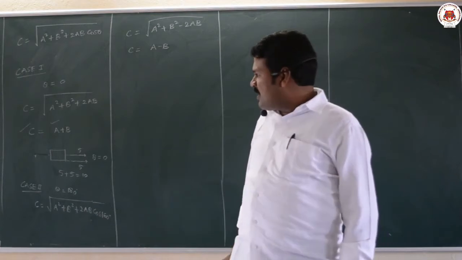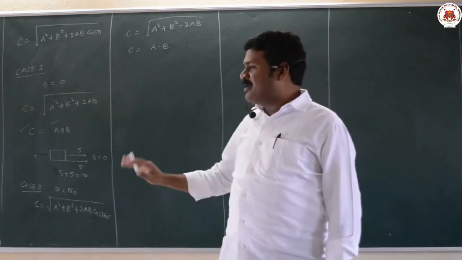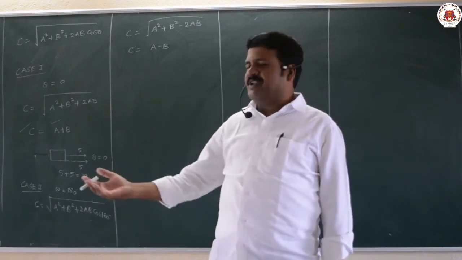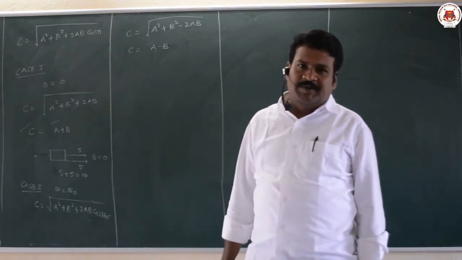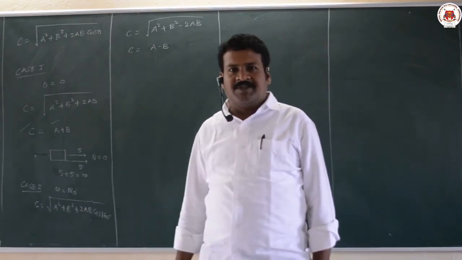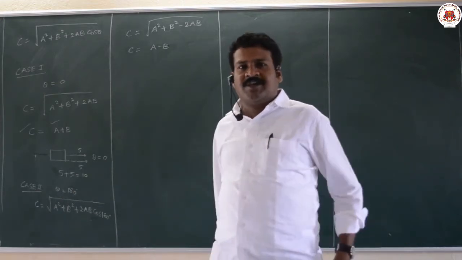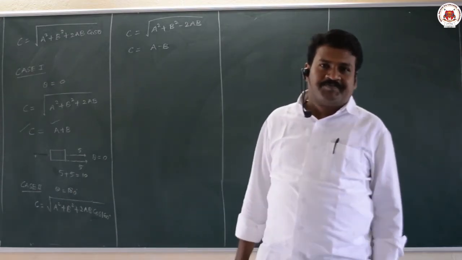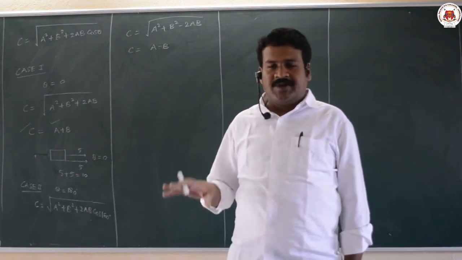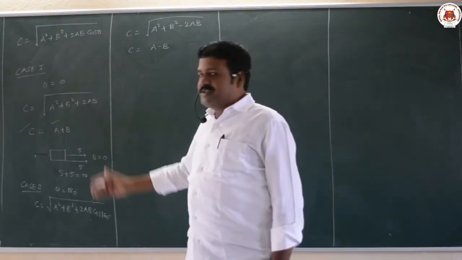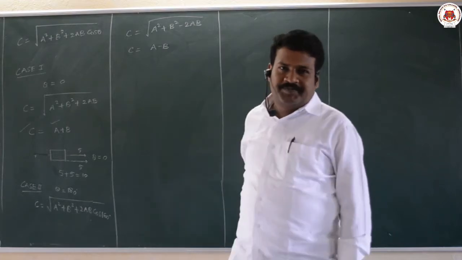See, when I am adding two vectors 2 and 3, maximum I can get 5. I can't get 6. It is away from nature. 2 kg rice plus 3 kg rice, I can't get 6 kg. That is not possible. So it is against the law of nature. When I am adding 2 plus 3, maximum I can get 5.